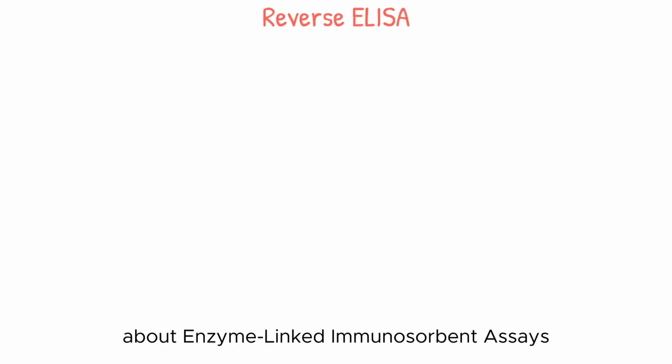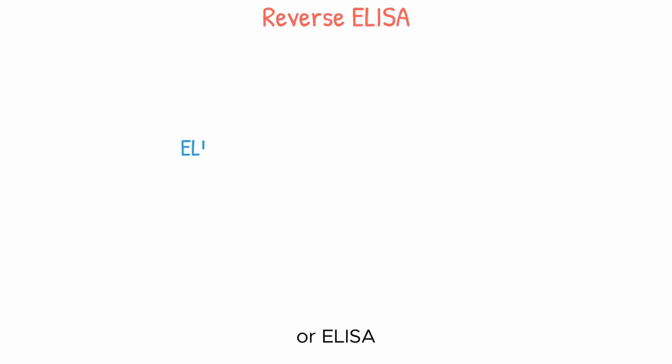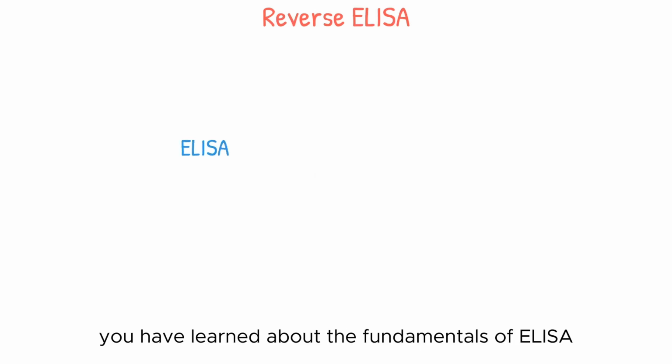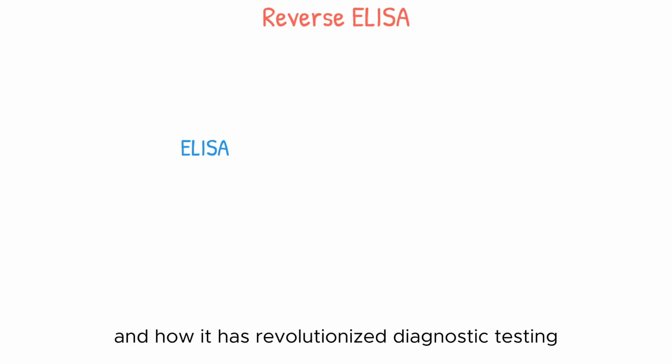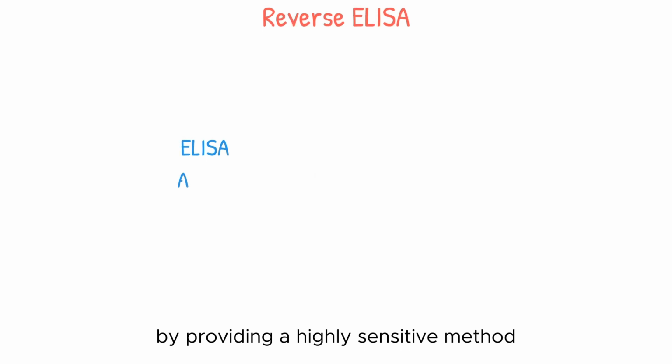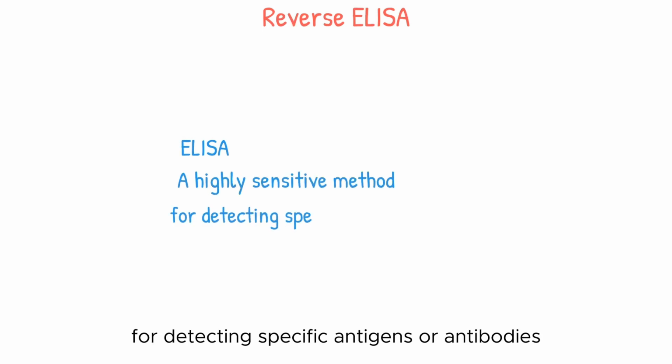Hello everyone. In our previous video about enzyme-linked immunosorbent assays, or ELISA, you have learned about the fundamentals of ELISA, its various types, and how it has revolutionized diagnostic testing by providing a highly sensitive method for detecting specific antigens or antibodies.